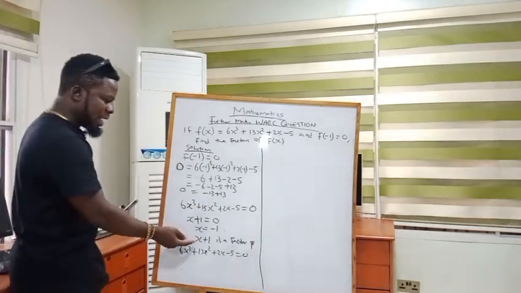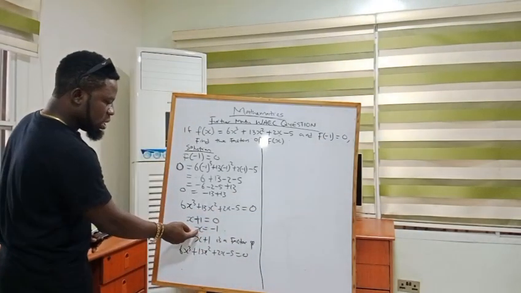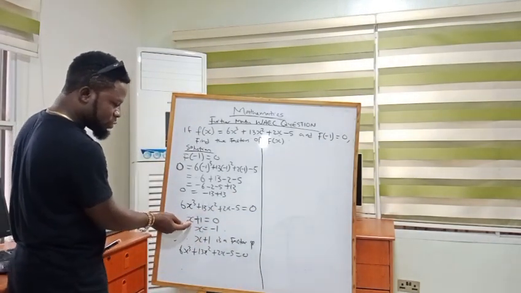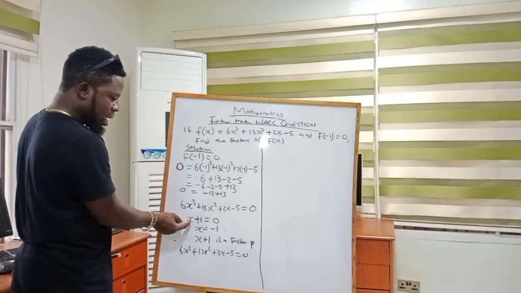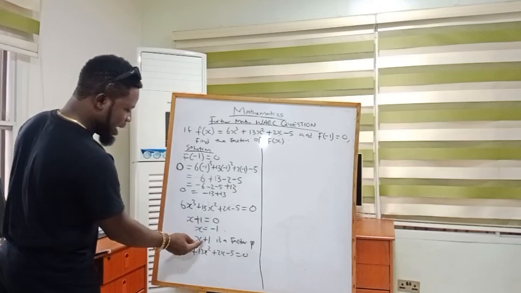You ask why it is x plus 1 and not x minus 1. Because x is equal to minus 1, so x plus 1 equals 0. When you transfer it, you have x equals minus 1.